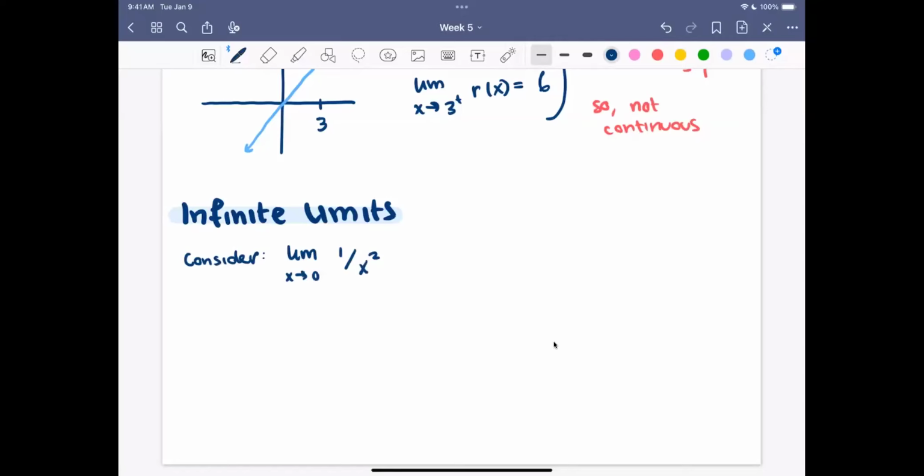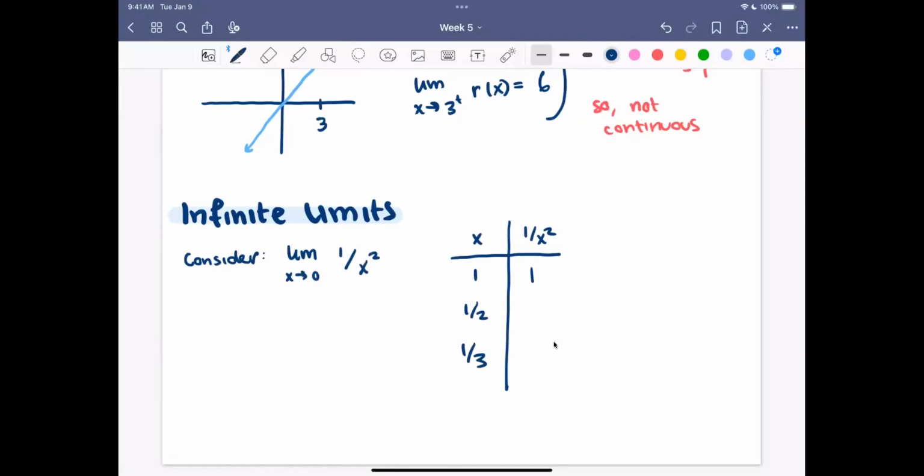So let's just plug in a couple of values. Let's look at what happens for some x values and then what happens to 1 over x squared. I'll plug in 1, 1/2, 1/3, and we'll see what happens to 1 over x squared. So 1 over 1 squared is 1.